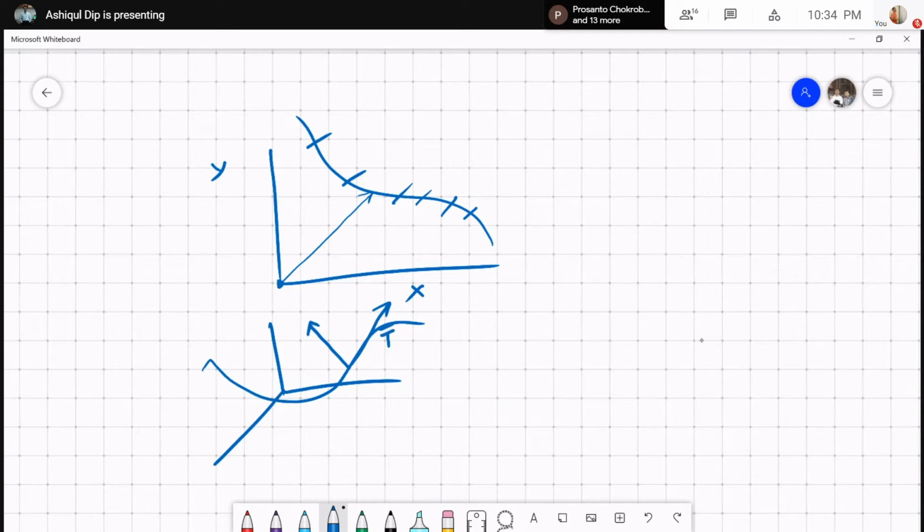This is the t vector, this is the n vector, and there is another vector that is normal to both, that is b. That triplet moves along this curve, and we call it the TNB frame because of its initials: tangent, normal, and binormal.